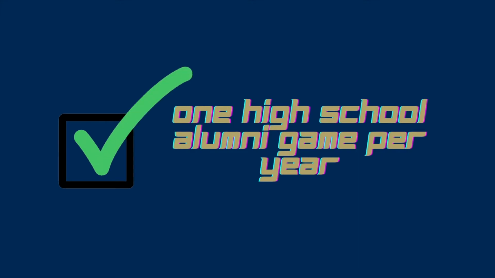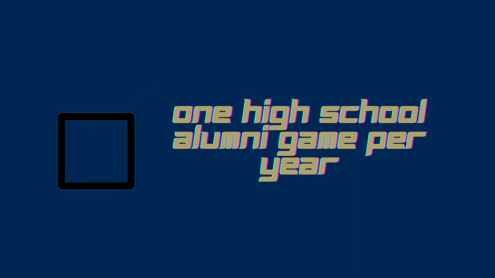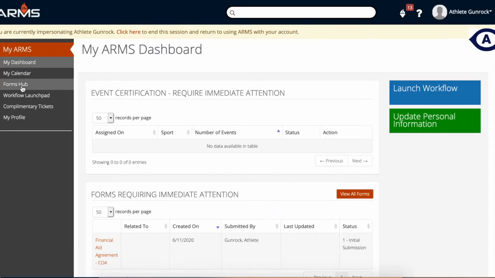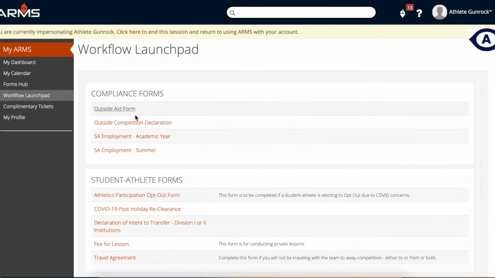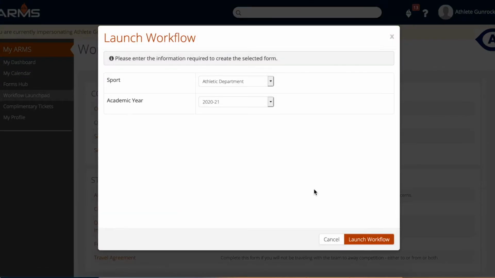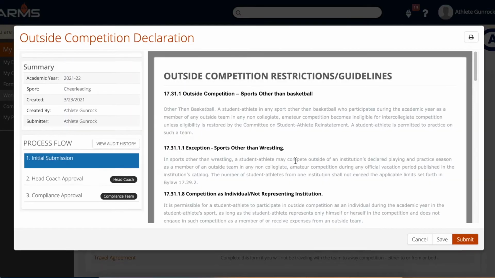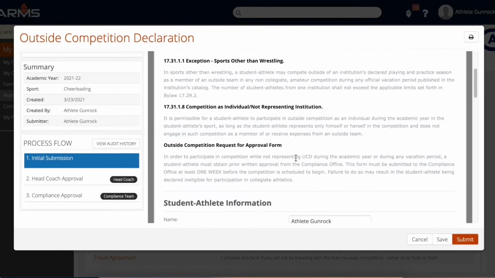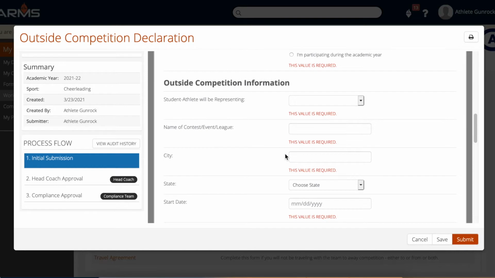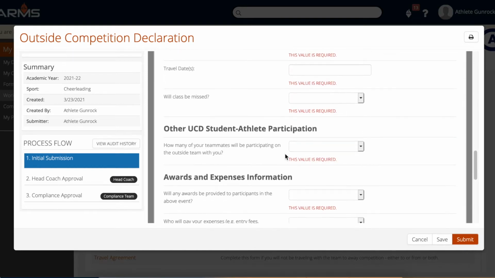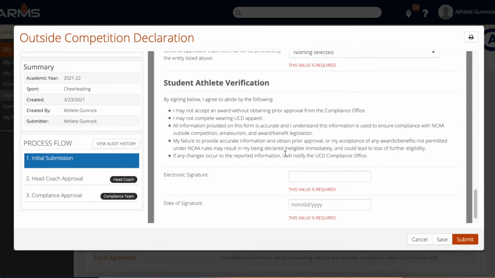In sports other than basketball, this game must take place during an official vacation period. If you plan on participating in outside competition, please fill out the outside competition declaration form in ARMS prior to participating with an outside team or in an outside event. Impermissible outside competition can have significant impacts on your eligibility, so please make sure you communicate with your compliance liaison prior to participating.